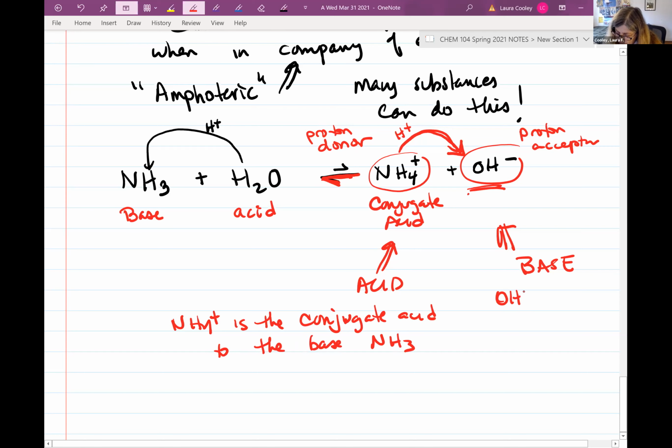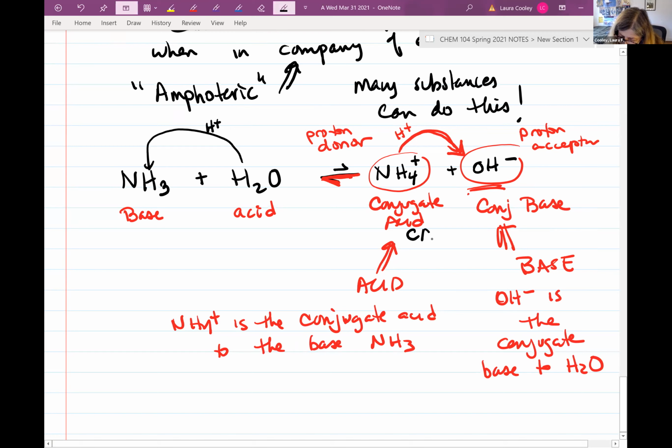Hydroxide is the conjugate base to water. So this is the conjugate base. And usually I just abbreviate these, Ca and Cb.